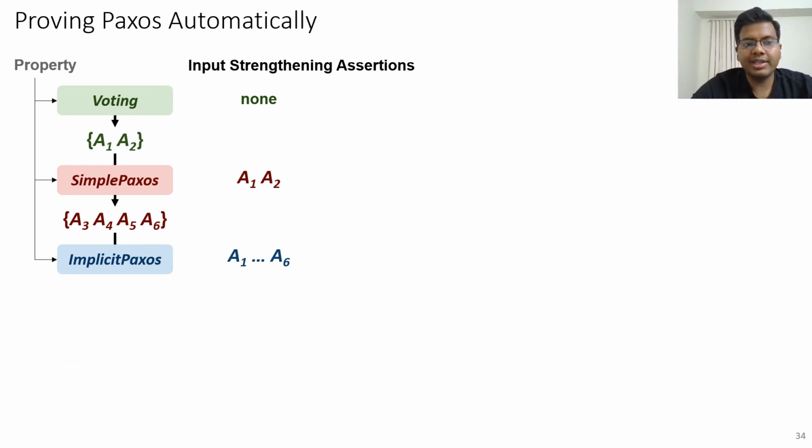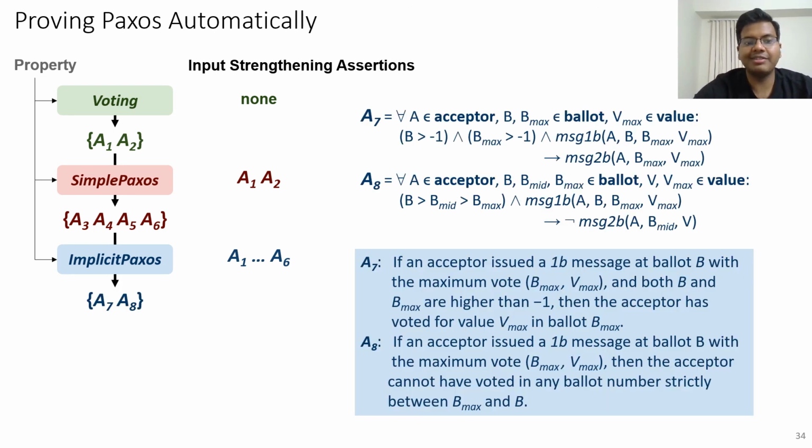We pass all assertions from previous levels to the next level, that is, passing all A1 to A6, resulting in a strengthened property at this level to get 2 more assertions A7 and A8 that prove implicit Paxos.